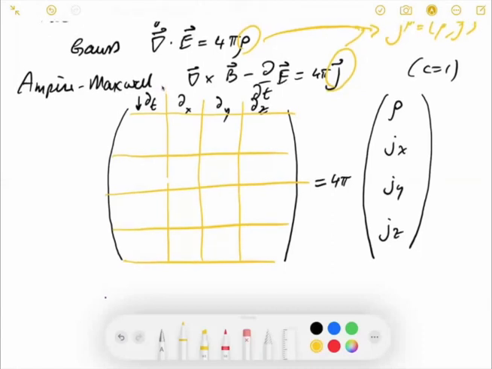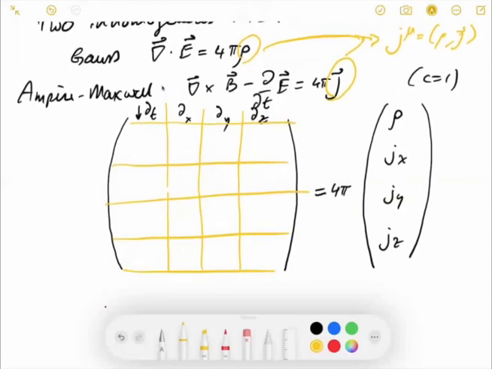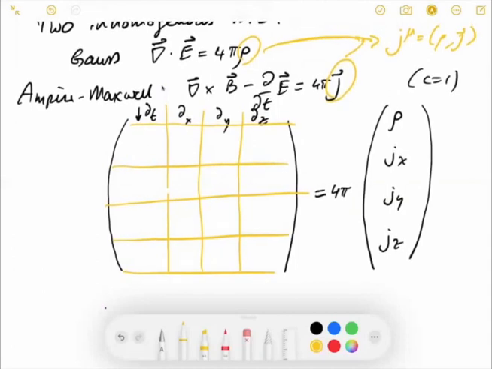So for instance, we have only one equation with rho, and that's of course Gauss's law. So Gauss's law says that the divergence of E is 4 pi rho. So that divergence of E, if you write it out, is del x, written in this sloppy form, because I'm not paying attention to covariant contravariant, but that's how we'd write it in just basic index notation.